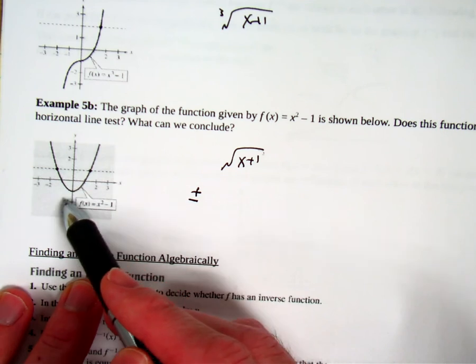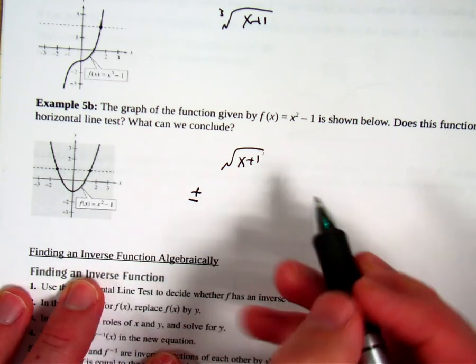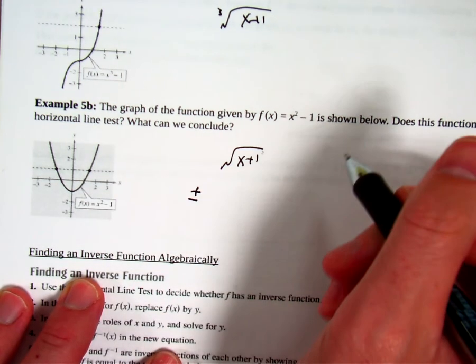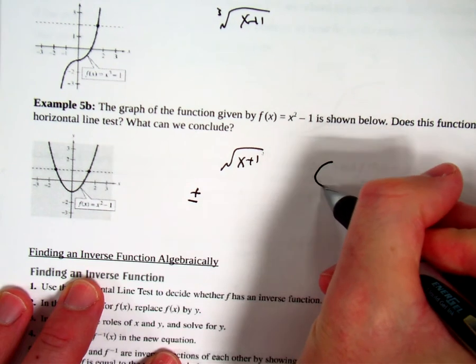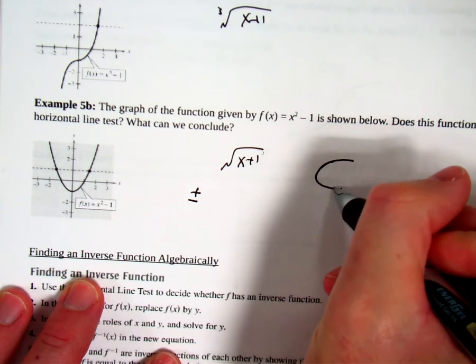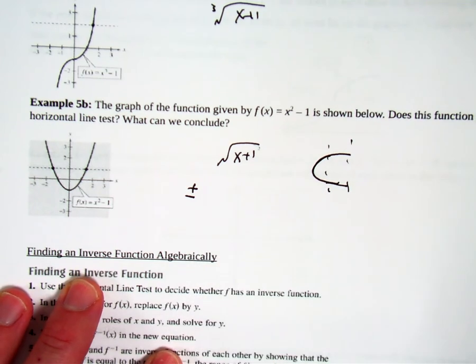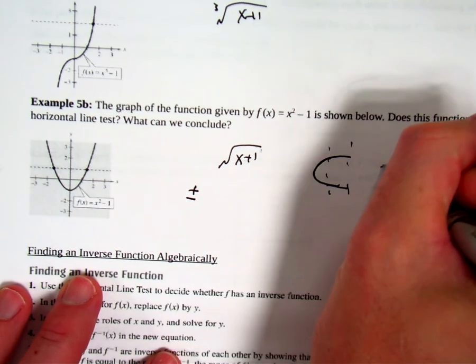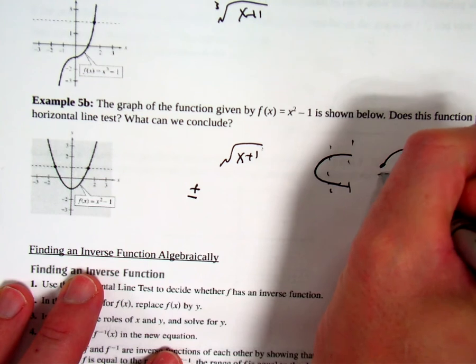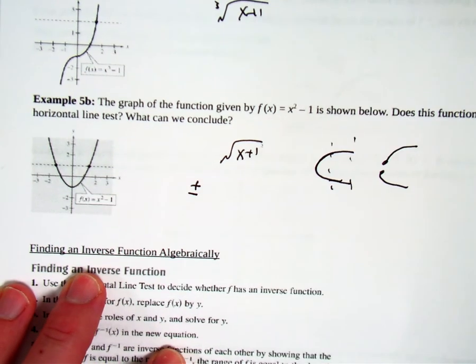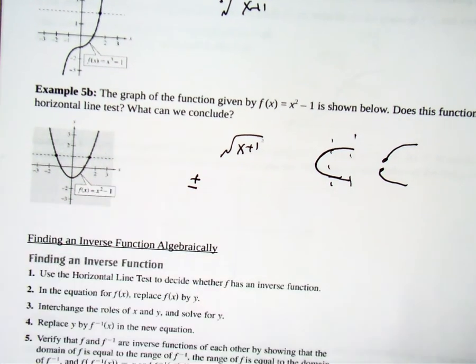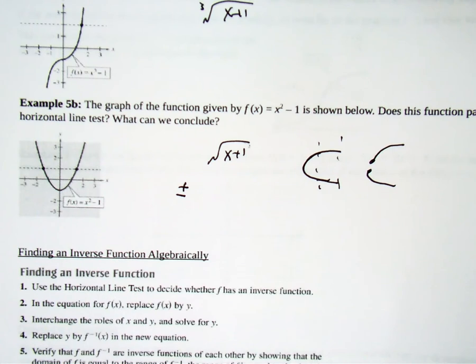You'd have to split it up into 2. Because otherwise, if you would do that, it's going to go sideways like this. All right? And now it's not a function. So you're not going to have any one thing. You're going to have to split it up into 2 branches. This piece and that piece. So there's not one individual function, so it doesn't have its own singular inverse.